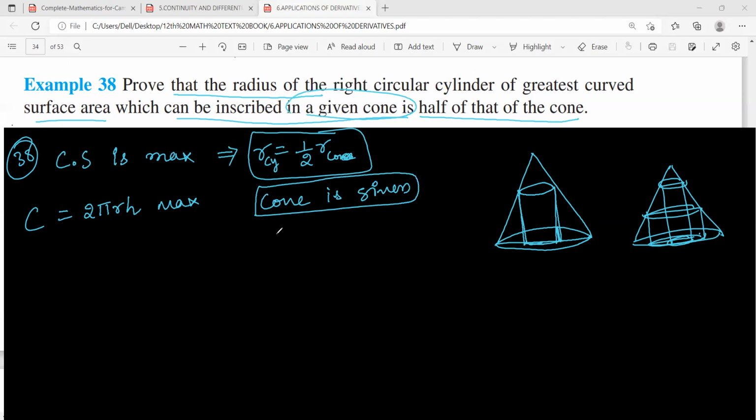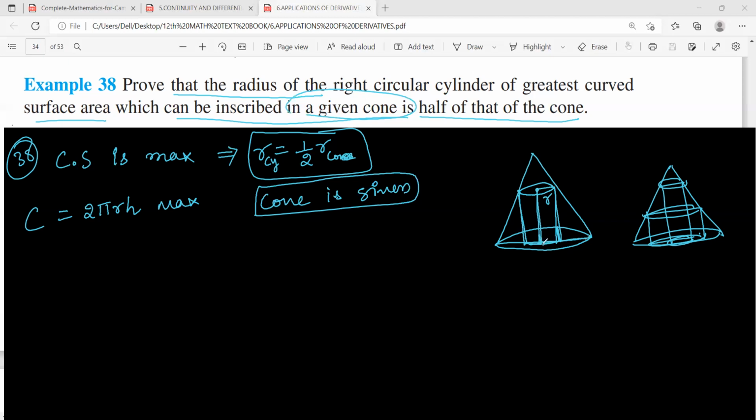See, I'm drawing here. The radius will be dependent on the cylinder. Yes, cylinder. Don't worry about it. A cone is given means they gave you a cone, and everything about it is fixed.